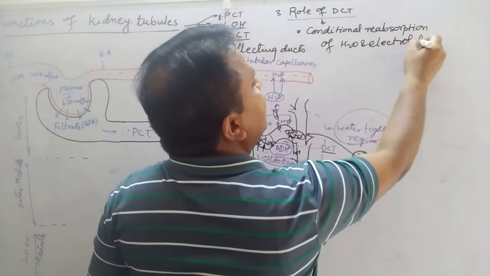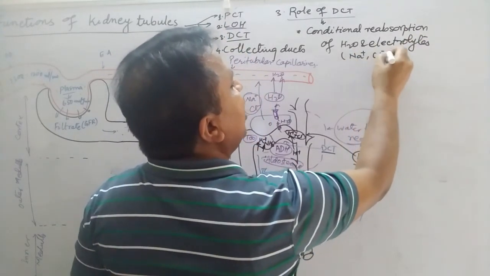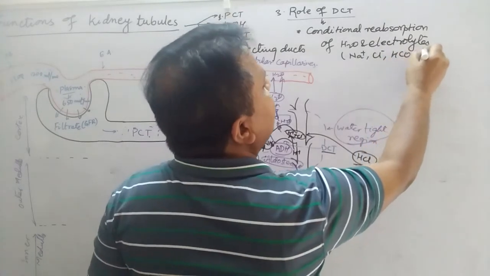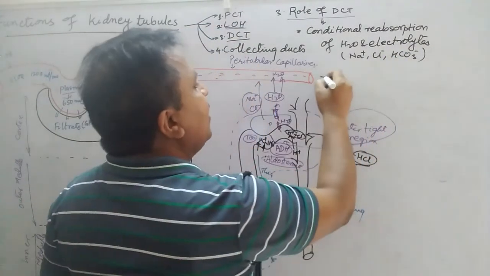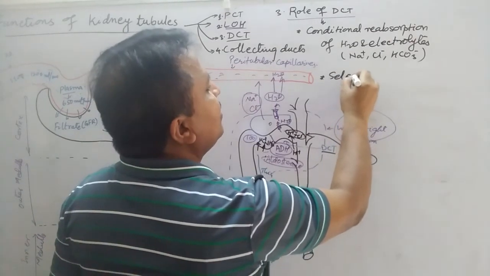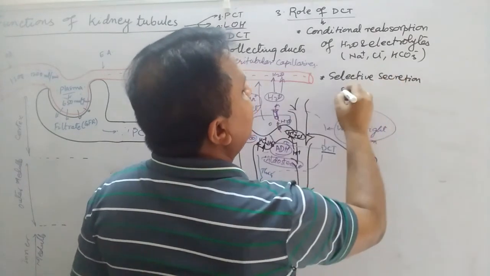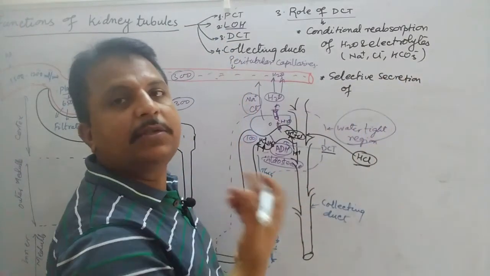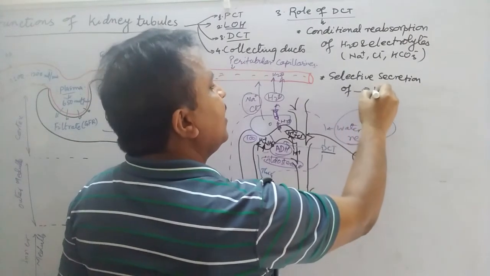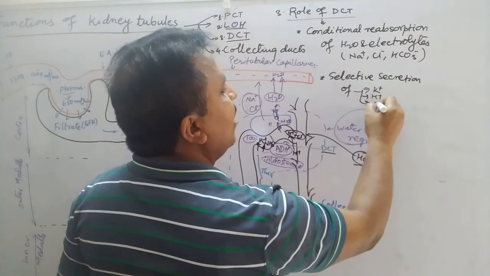Electrolytes means Na+, Cl-, HCO3-, like this, and selective secretion of K+, H+ and NH3.